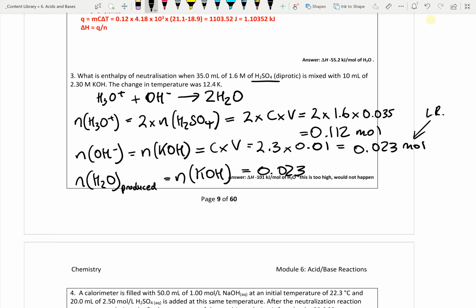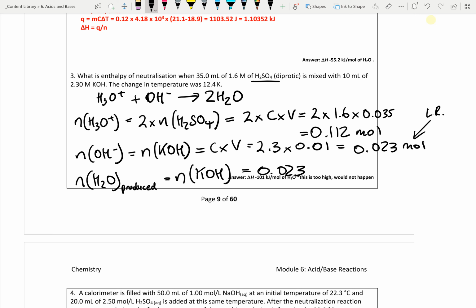And what I've essentially established is this is how many moles of water, this is how much the reaction happens, and therefore this is how much of the reaction is contributing to my temperature change. So we're going to come back and use this very soon.